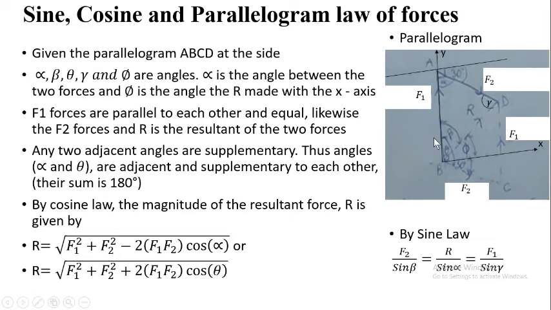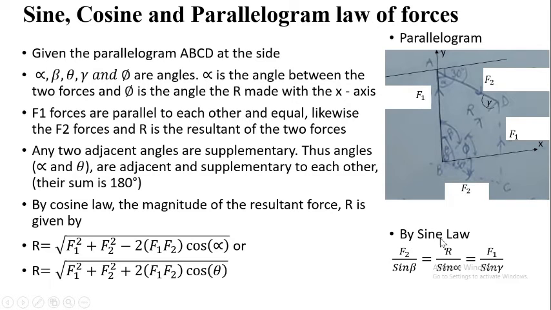So when you want to use the angle adjacent to the angle between the two forces, that's theta, then the magnitude of your resultant becomes R equals root of F1 squared plus F2 squared plus 2 times the product of F1, F2 cos theta.